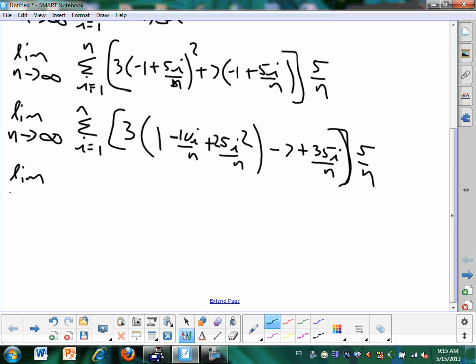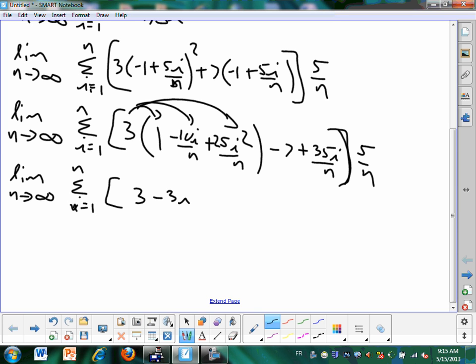Continue with my algebra, collecting like terms. I'll multiply the 3 through. Over n squared, minus 7 plus 35i over n, all times 5 over n.